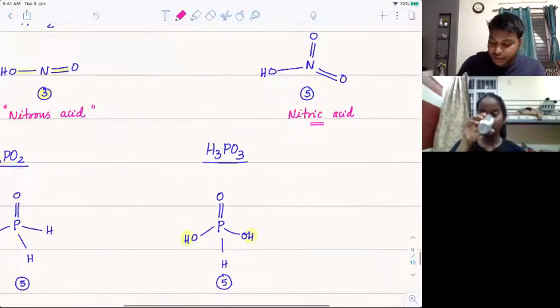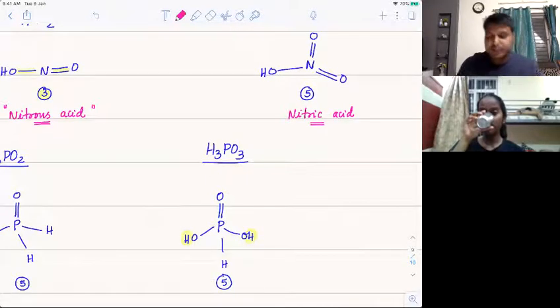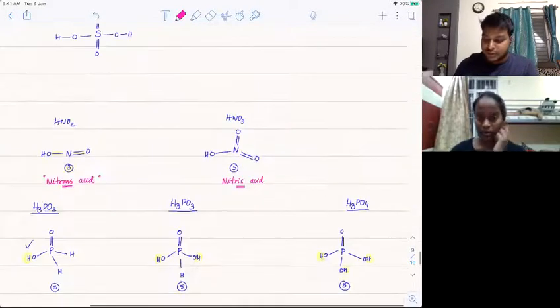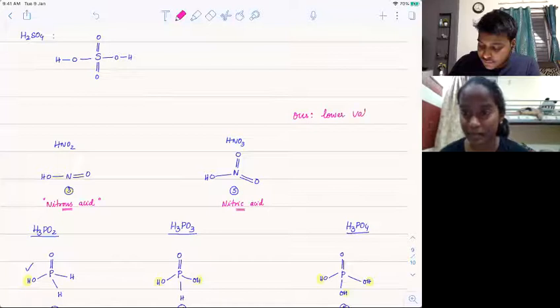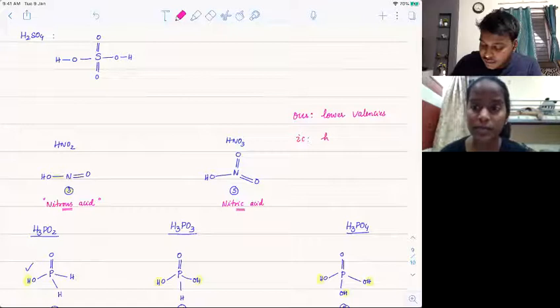So here it is an "us" acid, here it is an "ic" acid. Is this clear? So let me write that down. "Us" is for lower valencies, "ic" is for higher valencies.